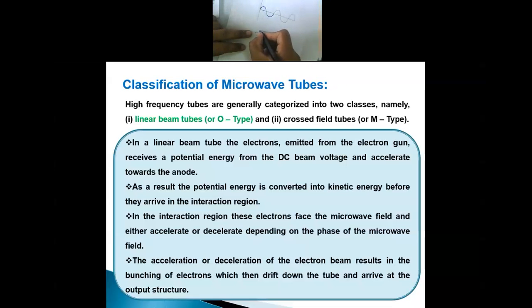When your electrons emitted from the cathode reach this particular position where the field is positive, then electrons start accelerating. Electrons start accelerating means electrons get energy because of this positive field, so they propagate and move faster.